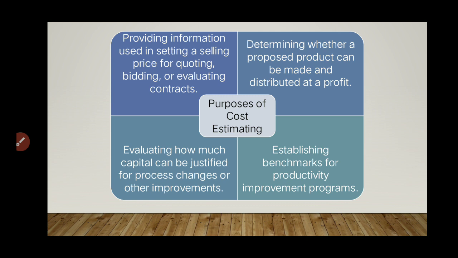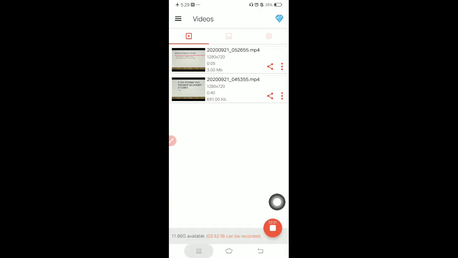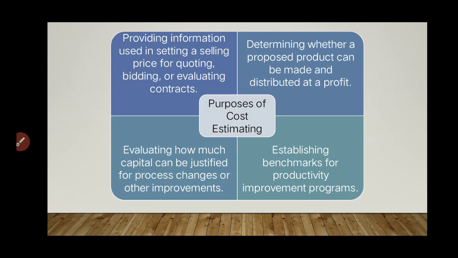Pangalawa, determining whether a proposed product can be made and distributed at a profit. Syempre, kailangan natin malaman yung standard cost ng isang produkto in order na malaman natin yung selling price, para magkaroon tayo ng profit. And then, pangatlo, evaluating how much capital can be justified for process changes or improvements. Halimbawa, sa isang manufacturing company, yung produkto nila ay 1 kilogram per pack.